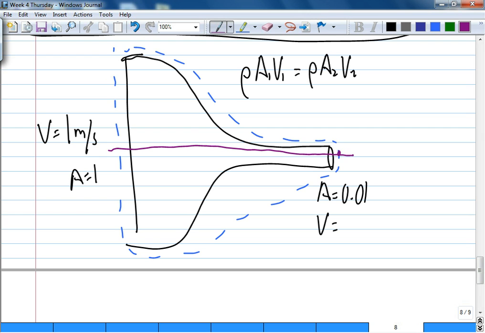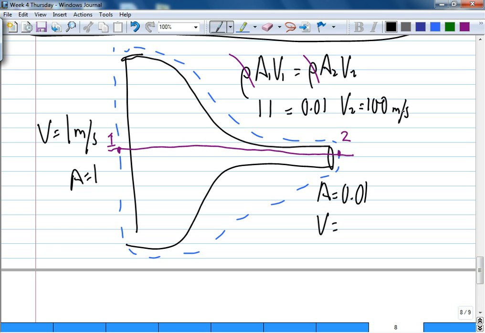So this is 0.2, this is 0.1. By right, rho is the same. So area 1, velocity 1 is equal to area 0.01, velocity 2, 100.